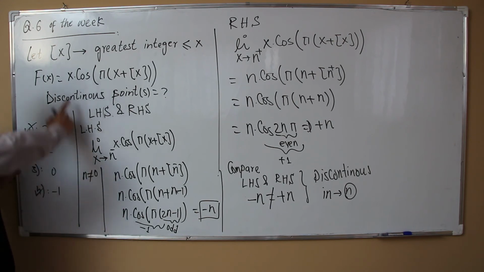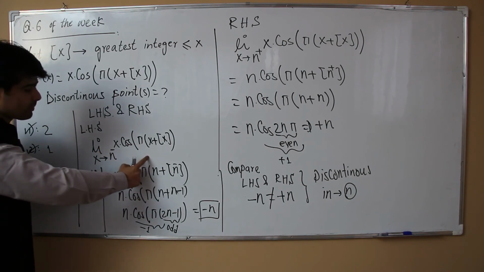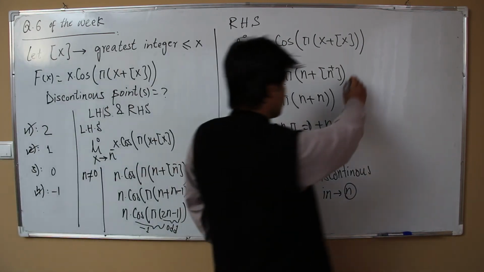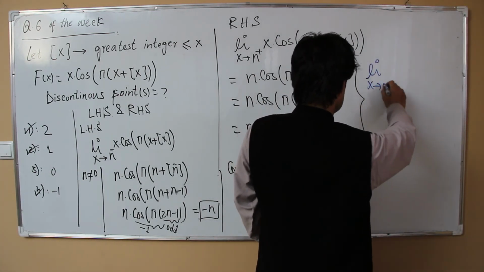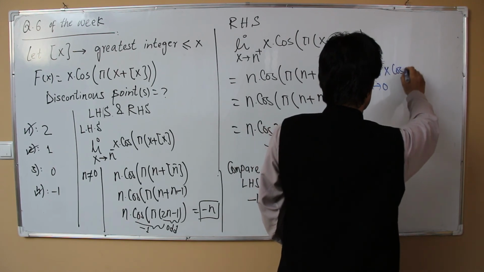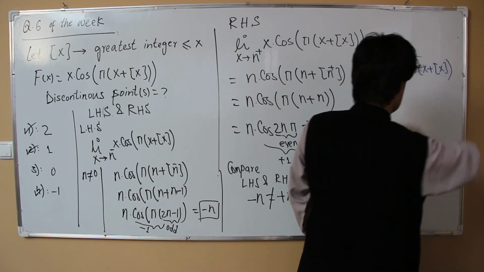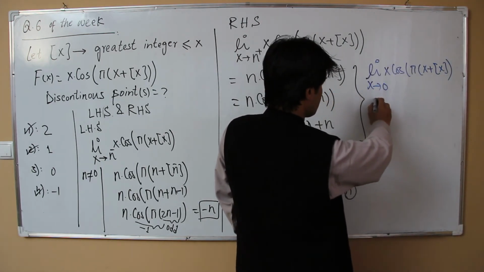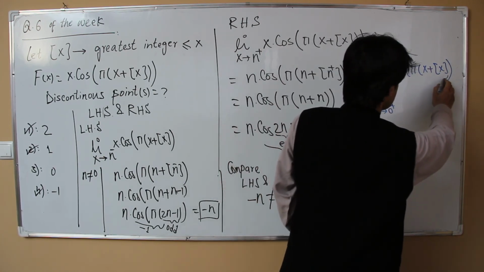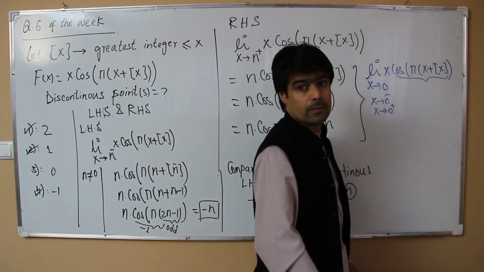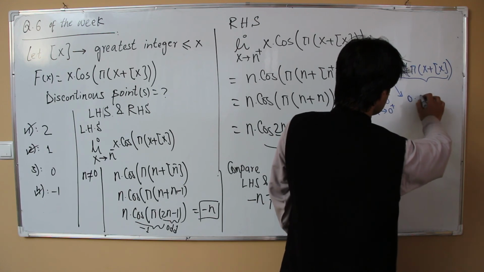Why? Because if you take the limit as x goes to 0 of x cosine of pi times the integer function of x, from the left side or the right side, whatever the bracket value is, it is just a number.